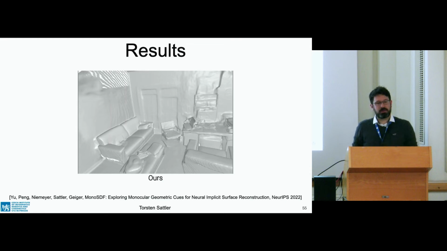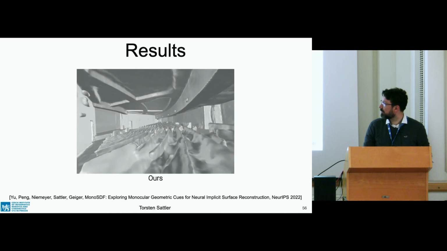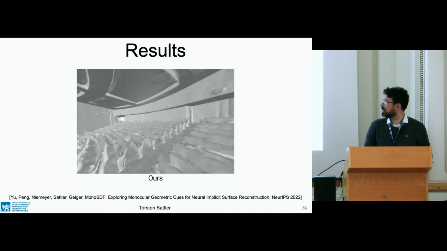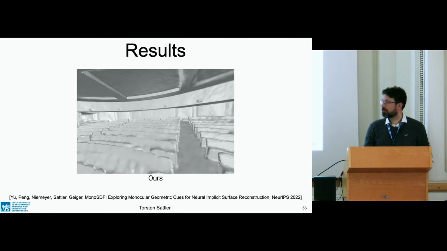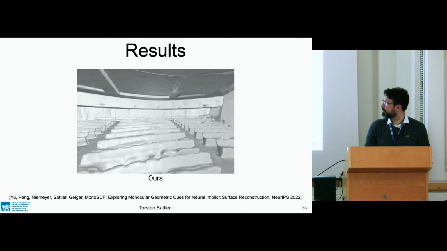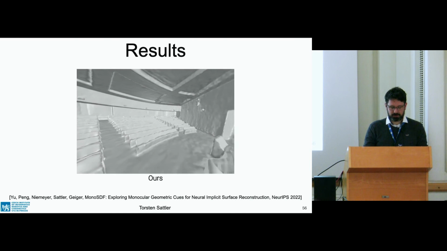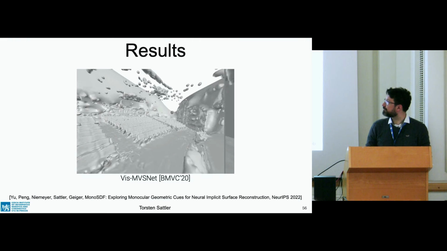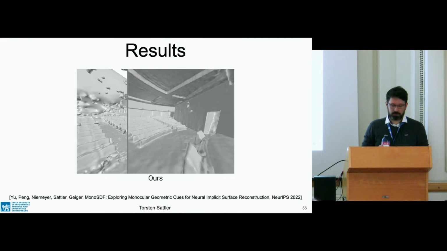And this simple idea of getting monocular priors works quite well. Here's another example where we are able to reconstruct the scene quite well from relatively few images, and even compared to a learned multi-view stereo approach, which is this one, we're doing quite well.